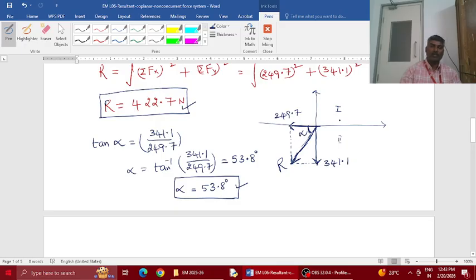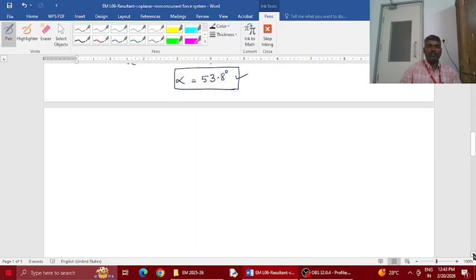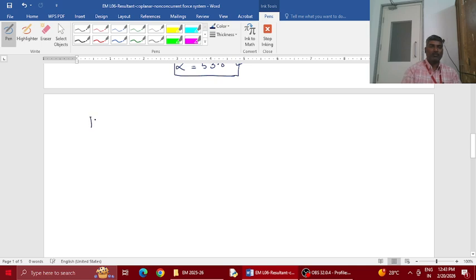So when you come towards anti-clockwise or clockwise, both, it is third quadrant. So your resultant falls in the third quadrant. Okay. Now it is time to find the position.